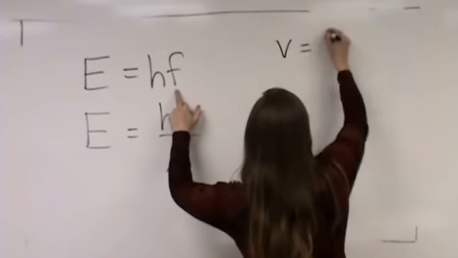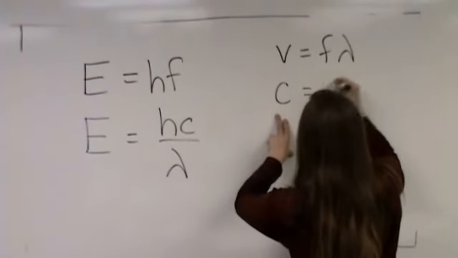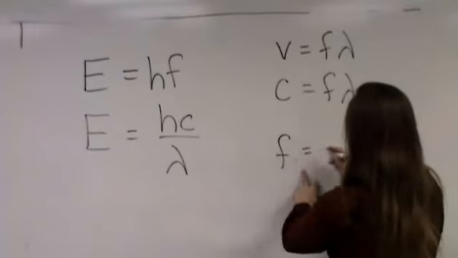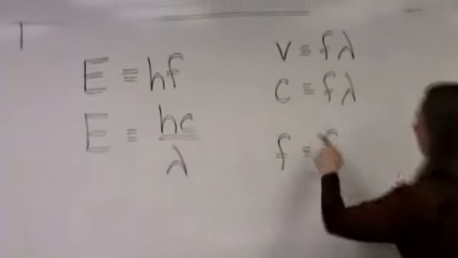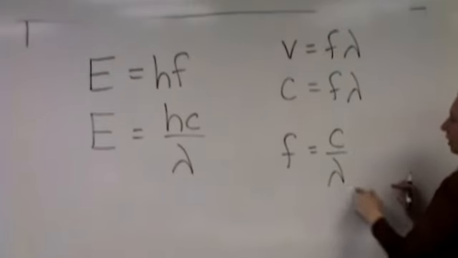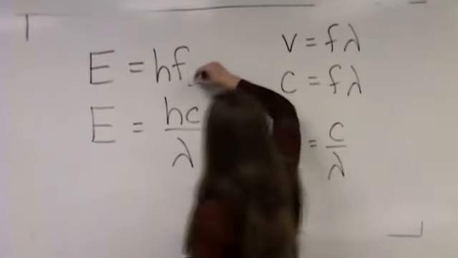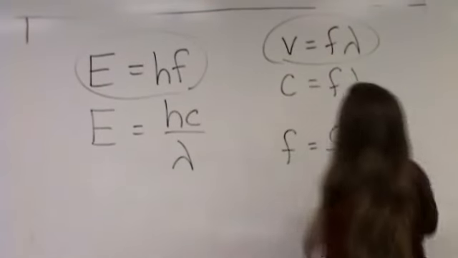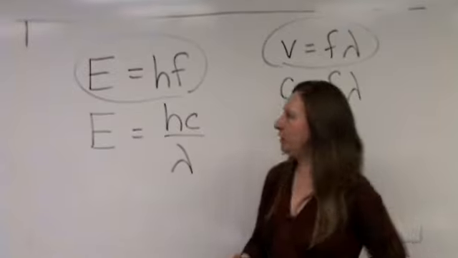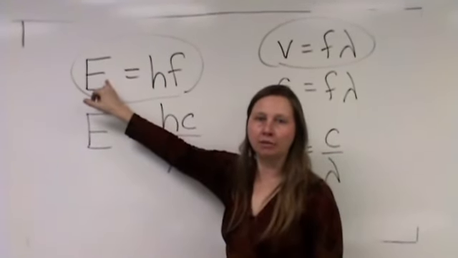If you take this equation, v equals f times lambda, and the speed of light is c, and then we solve for frequency, frequency equals c over lambda, right? Now, instead of frequency, over here, we can put c over lambda. So you see that this equation is really just a combination of this equation and our old buddy, v equals f lambda. So these are two equations on your reference tables that you can use to calculate the energy possessed by a photon of light.